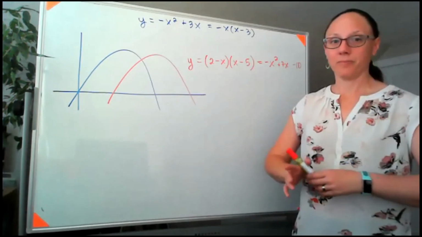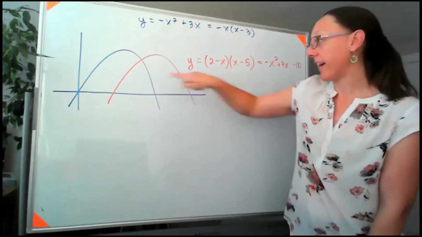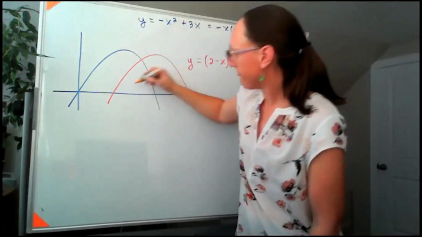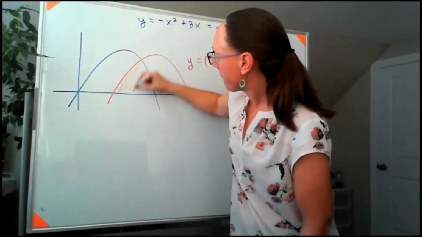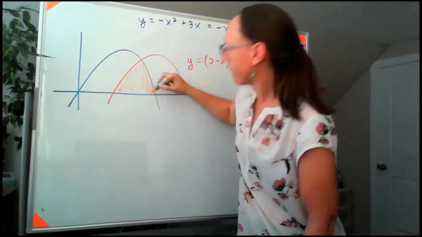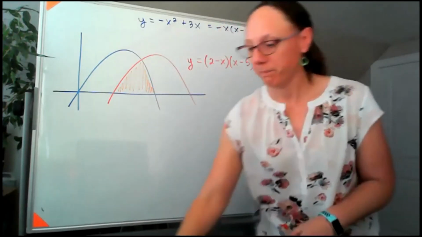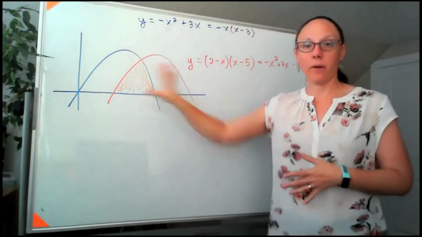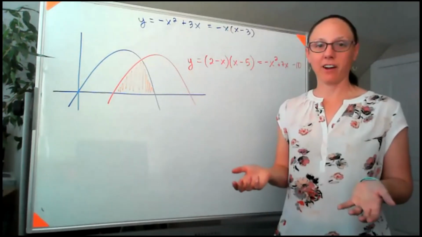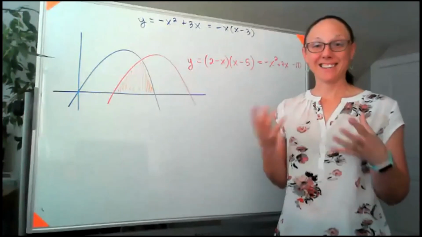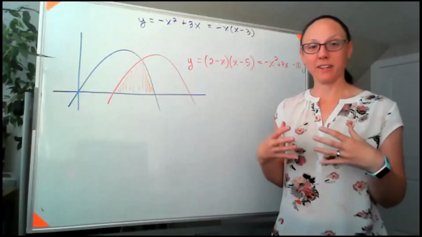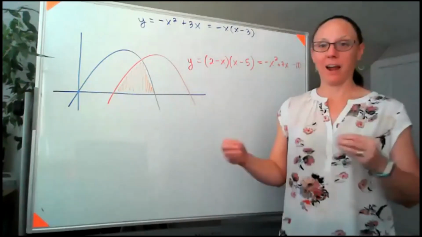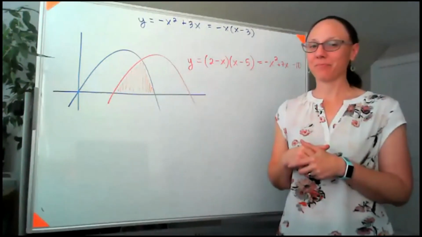What we want to do is figure out the area in here. Okay. So if I'm trying to find the area in there, it's kind of an area that's trapped between these two curves, but also trapped by the x-axis.